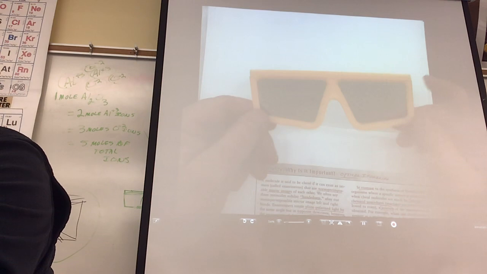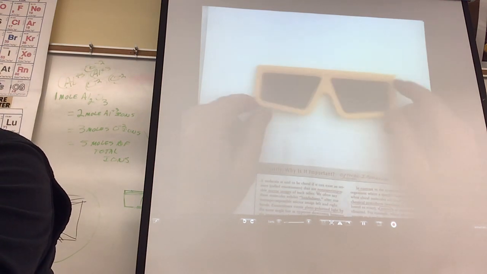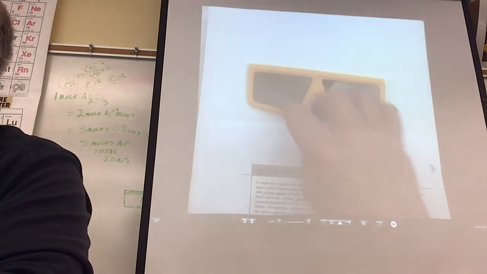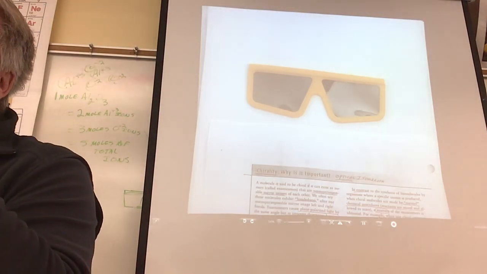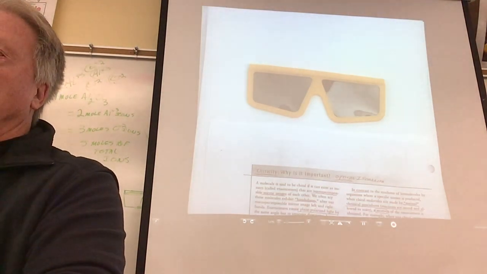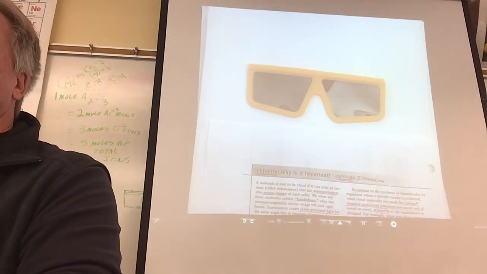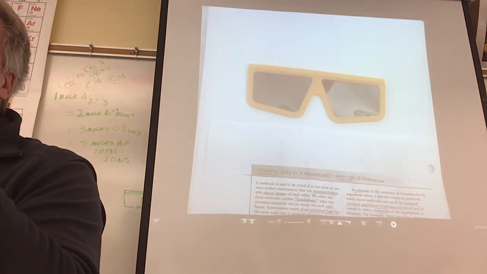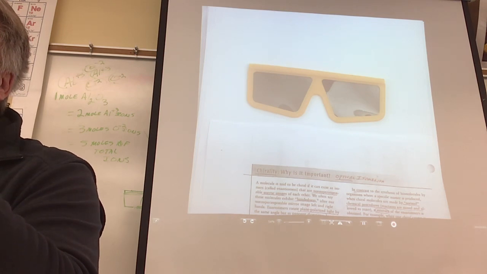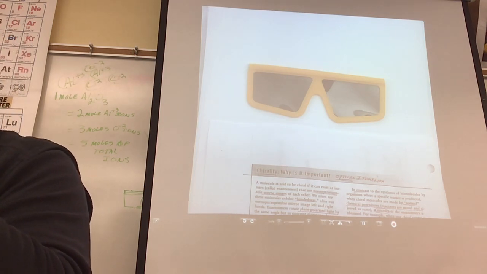Anyway, these are polarizing filters. Whether you know it or not, one of these lenses is polarized so that light comes this way, and the other is at a 90-degree angle. They actually had two movie cameras shooting at the same time, one over here and one over here.